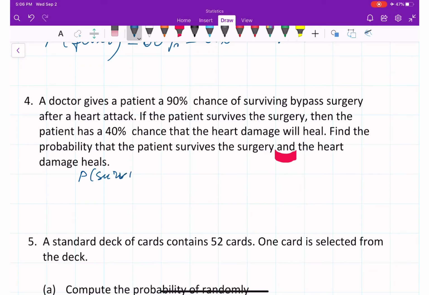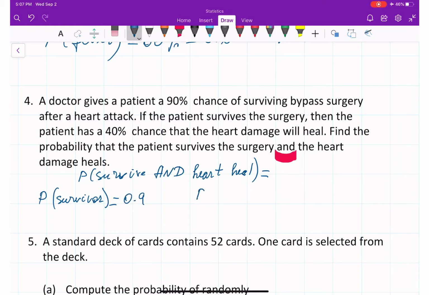This time I'm going to write it down this way, because it doesn't matter which way, both of them work. Survive and heart heal is going to be equal to, let's see, the probability of survival. How much? 90%, right? Which is 0.9.